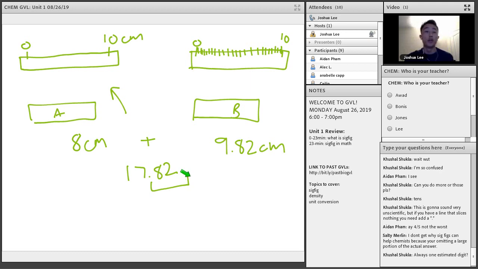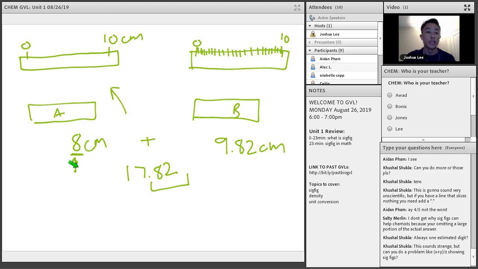All you really know for sure is that it's less than 10. So what I know for sure is the ones place. That's why you can only keep those first two digits, and you could tell someone 100% that it's at least 17 centimeters. We don't know about the 0.82 part.